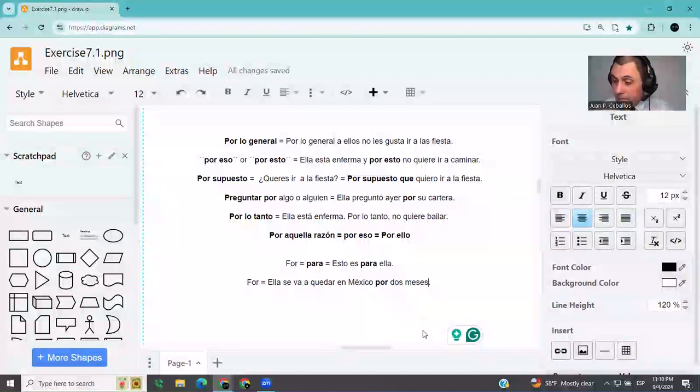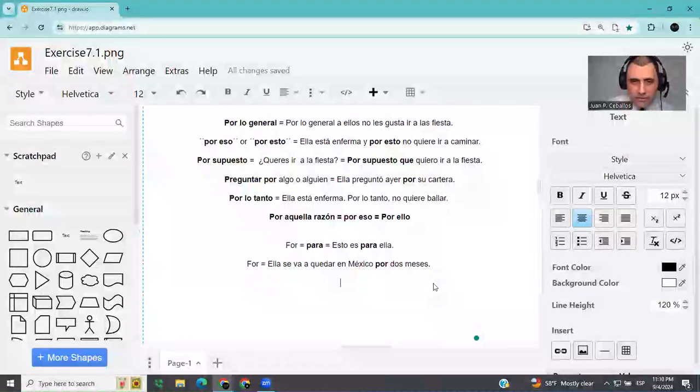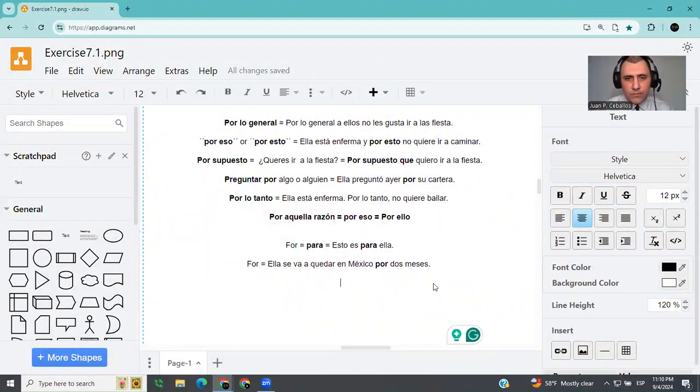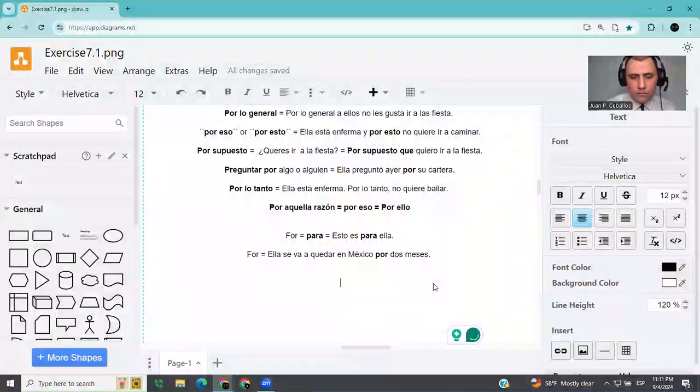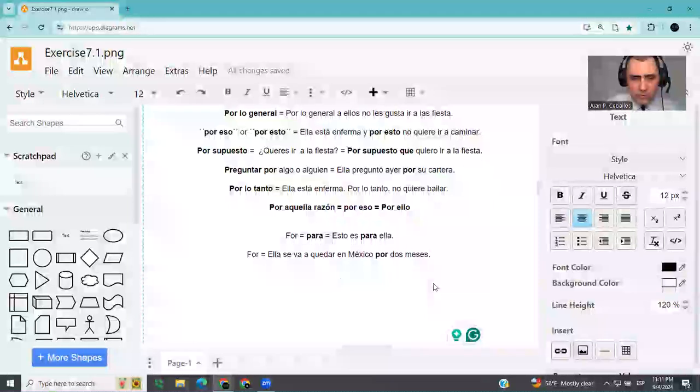Now, there is something else that the book doesn't explain. There is another exception for this. For example, they want to vote for elections. I want to vote for the November elections. Quiero votar. Okay. I want to vote for.